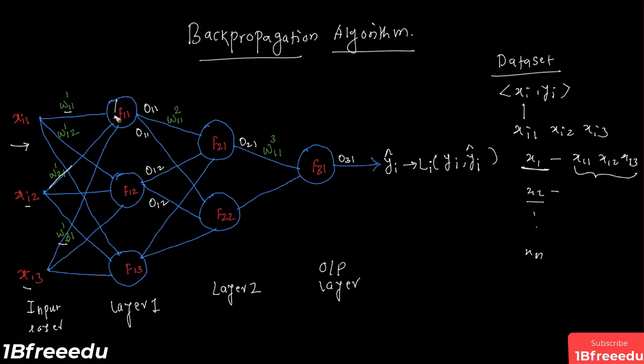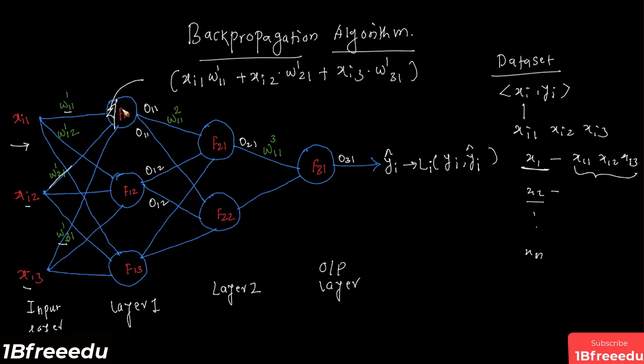And what happens in this neuron? In this neuron, the sum of these multiplications is carried out. So we have a sum here. This is nothing but the sum of these multiplications: xi1 into w111 plus xi2 into w121 plus xi3 into w131.